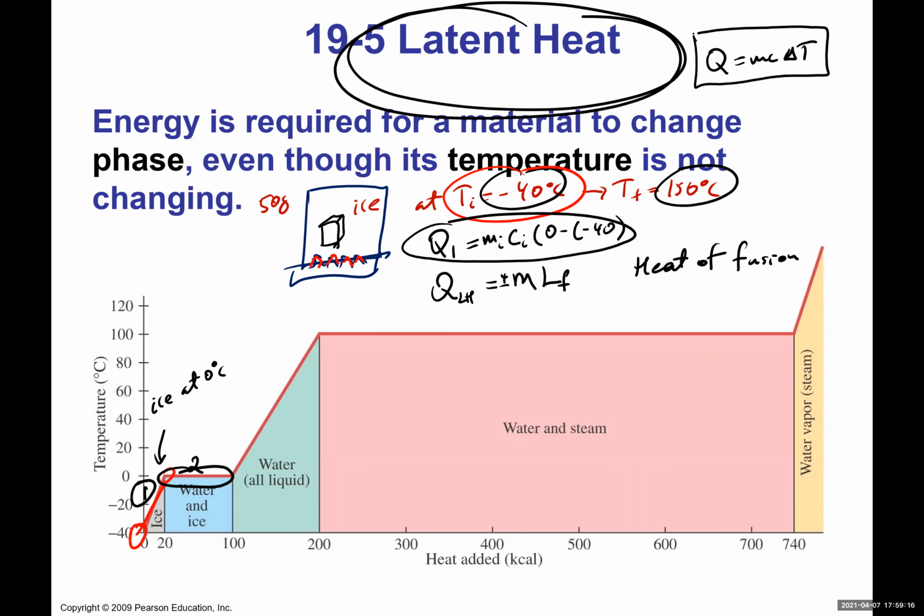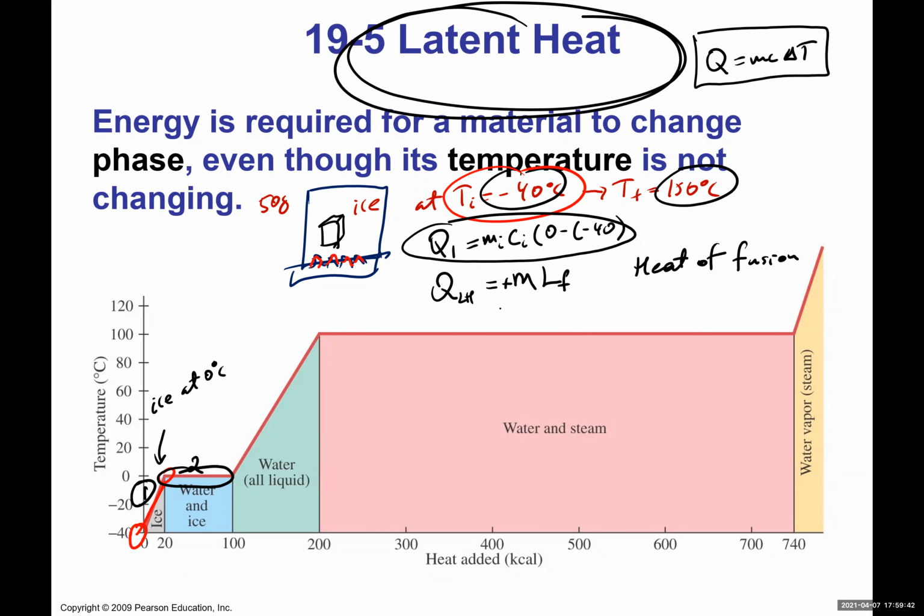If temperature decreases, delta T is negative, so Q is negative. But in terms of m times L_F, it doesn't have that. So you have to manually put positive or negative, depending on whether you're melting or freezing. Right now, because we're melting, we can put positive.